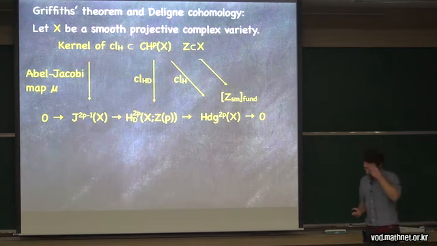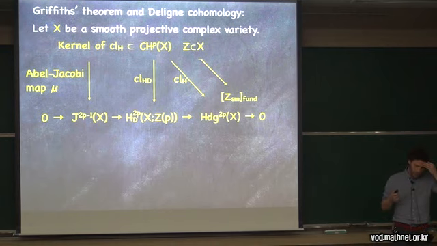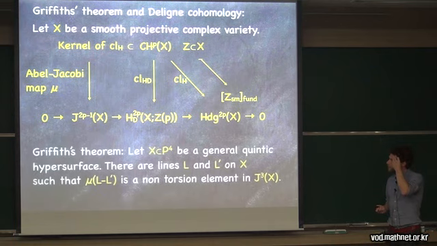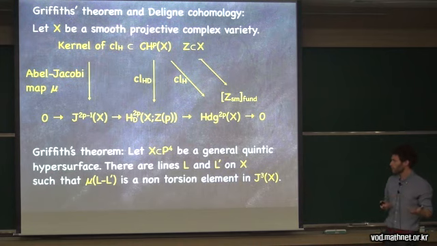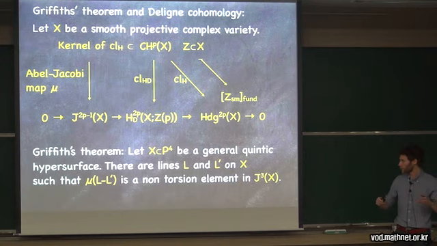Now, what is the Abel-Jacobi map good for? Well, there are a lot of reasons, but let me just state one. Griffiths showed that there are examples of varieties, which can be as simple as a hypersurface in projective four-space, where you can find different lines on this hypersurface.